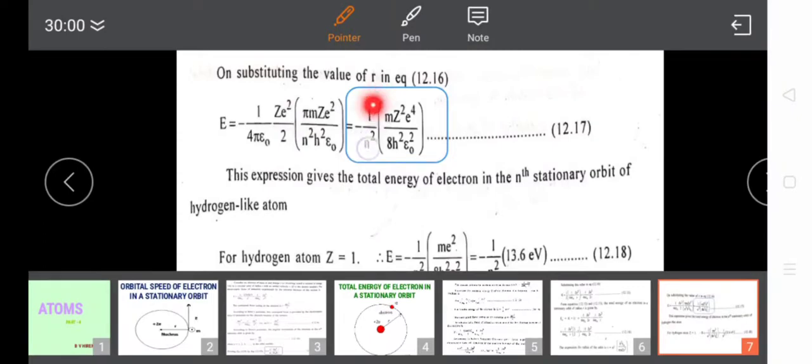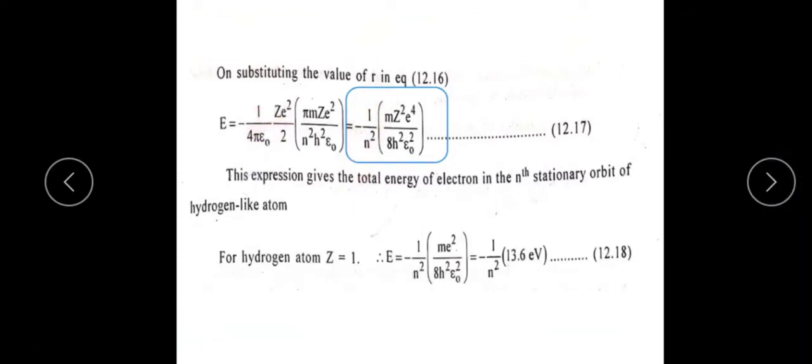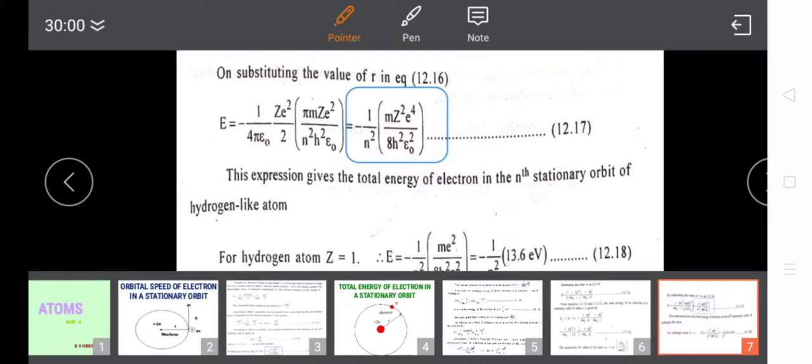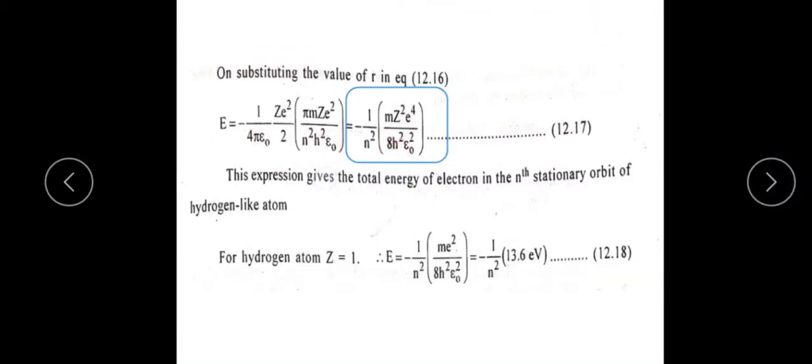Then Z into Z becomes Z square, e square into e square becomes e raised to 4, m keep as it is, 4 into 2 becomes 8, h square keep as it is, epsilon naught into epsilon naught becomes epsilon naught square, pi gets cancelled.